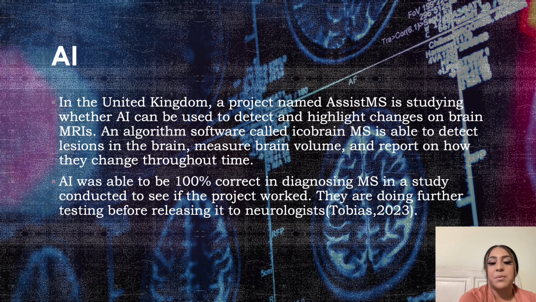Artificial intelligence was able to correctly diagnose MS in a study conducted with 100% accuracy. They did that a few times, and they kept getting 100% accuracy, but they don't feel comfortable releasing that to neurologists yet, but so far it's looking good.